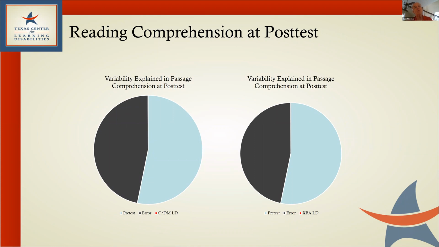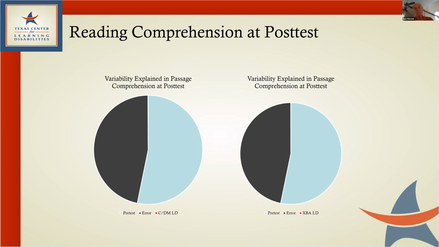This is a post-test measure. The question is how much variability is explained in passage comprehension at post-test for the two different methods, the consistent discrepancy method here or the cross-battery method. And what we've done in the two slides is we have outlined how much of the variability is explained by the pre-test measures of reading, how much is error, and the color that you see in red is the amount of variability that's explained by the PSW method.